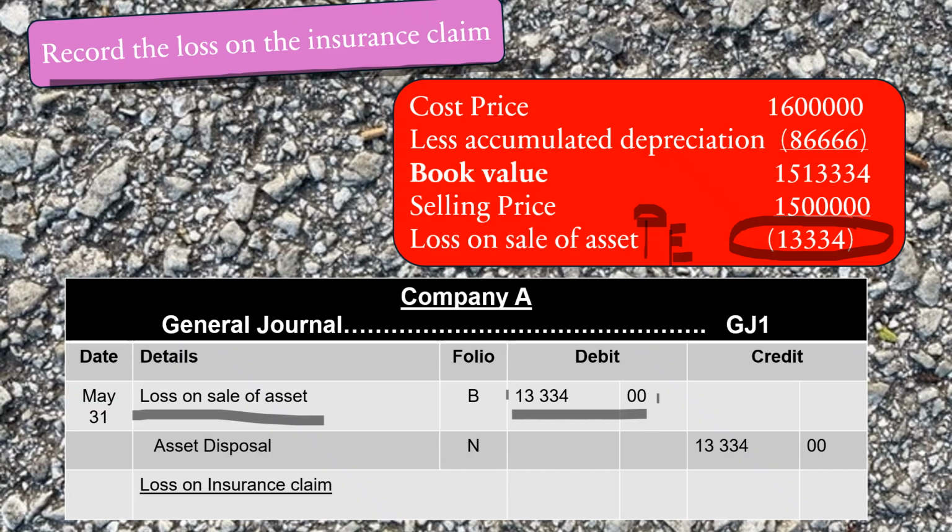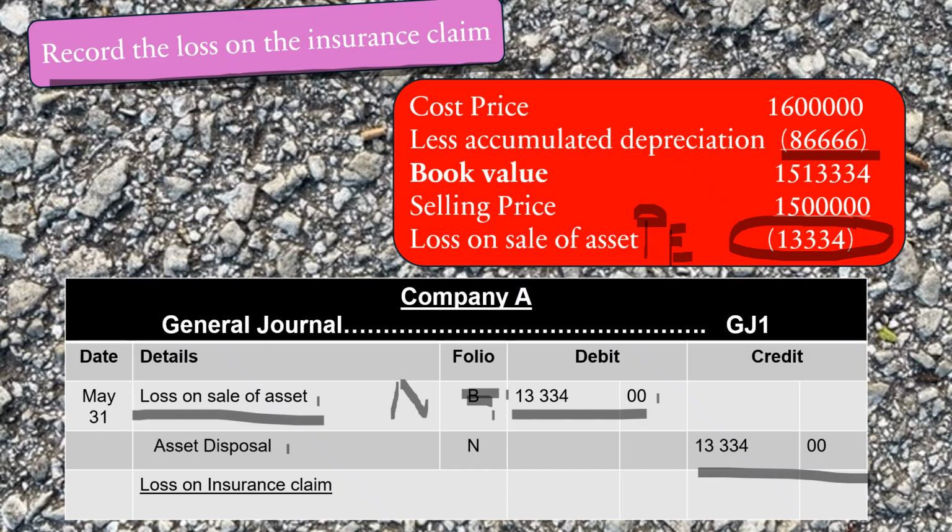So we rounded this off to 13,334. We actually rounded off along the way. So 13,334 debit, loss on sale of asset general ledger account, credit asset disposal, 13,334.